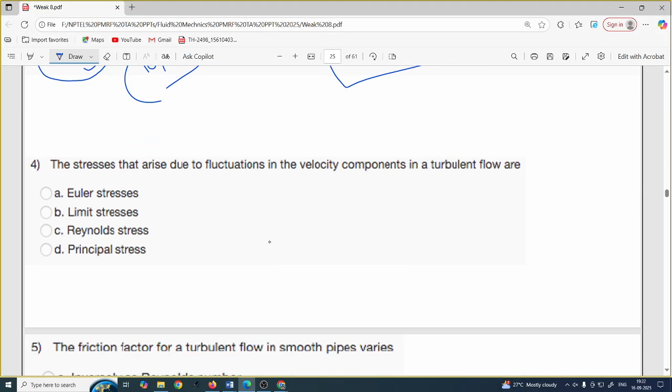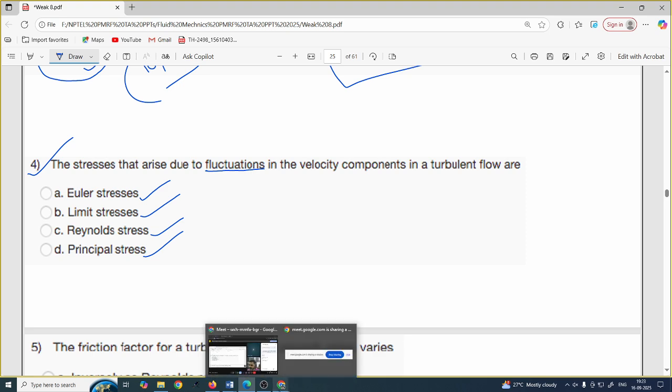Okay, question number 4. The stresses that arise due to the fluctuation in the velocity components in turbulent flow are: Euler stresses, limit stresses, Reynolds stresses, or principal stresses. Here I will discuss a little bit more, but first I want an answer from your side, then I'll discuss.